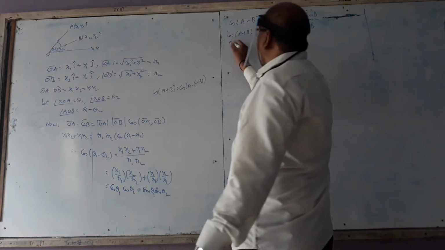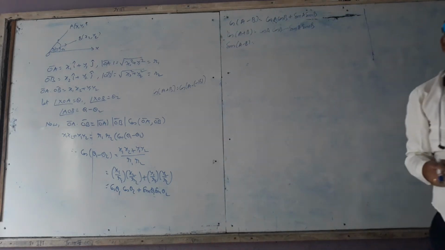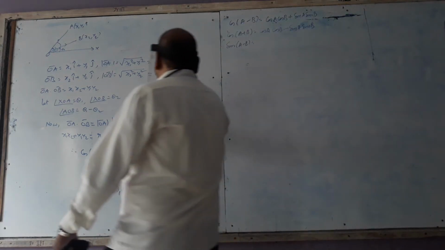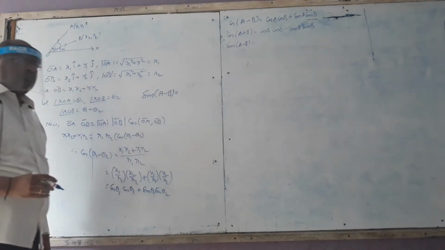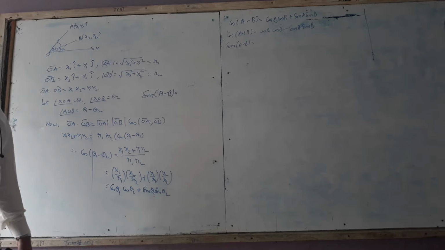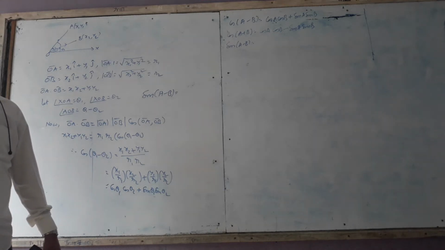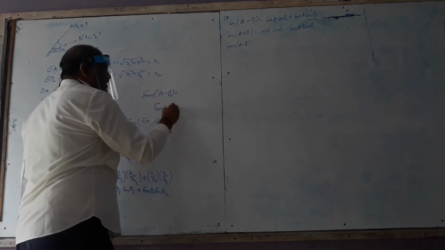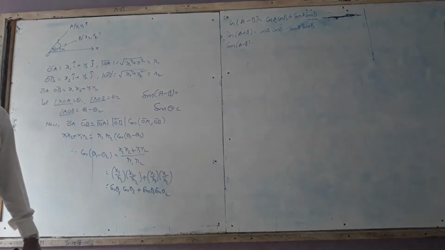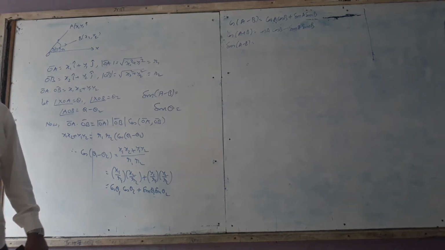Similarly, sin A minus B I will also obtain from cos A minus B only. Sin theta can be expressed in terms of cosine of an angle. How?